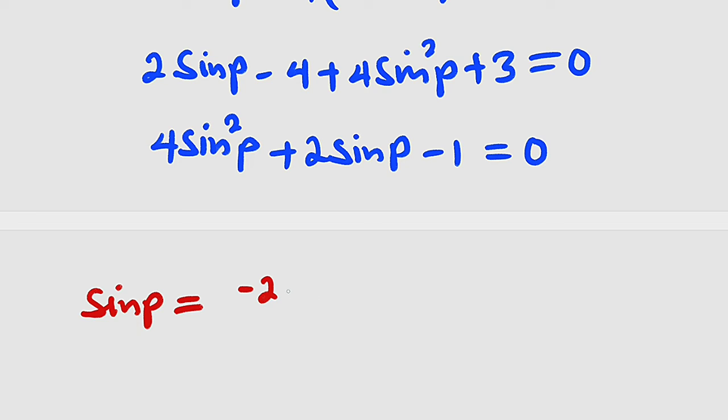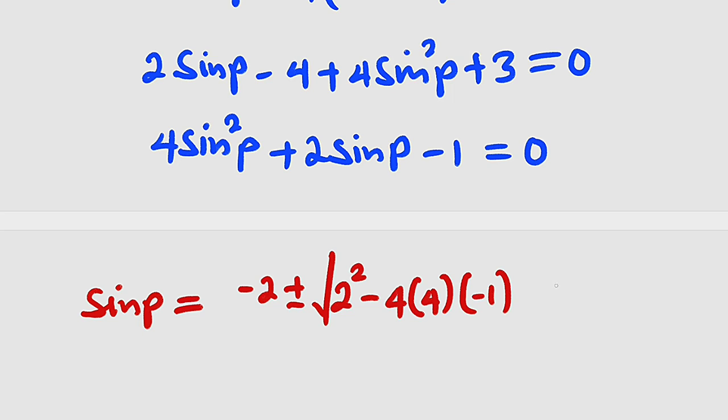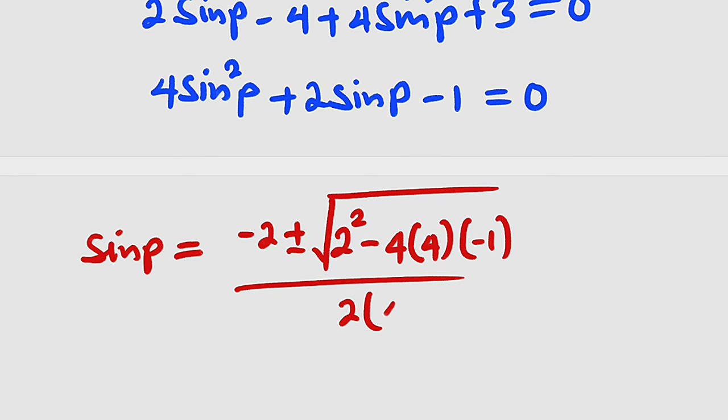So we have minus 2 plus or minus the square root of b squared, that is 2 squared, minus 4 times a, where a is 4, times c, where c is negative 1, divided by 2a, that is 2 times 4. Remember that a is the leading coefficient, b is the coefficient of the middle term, and c is the constant.